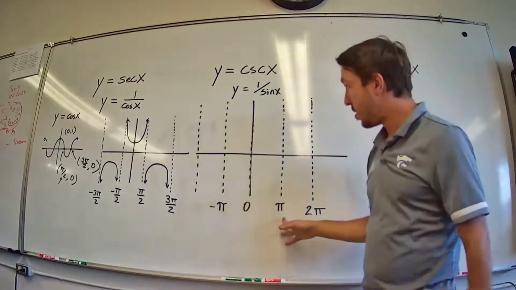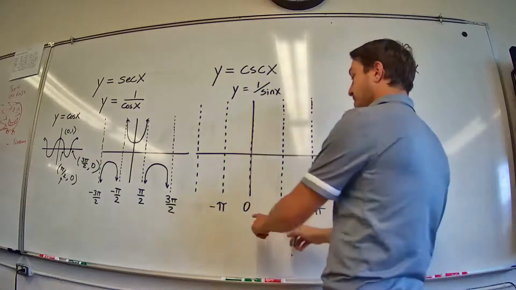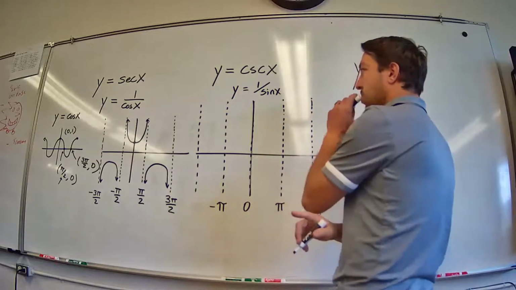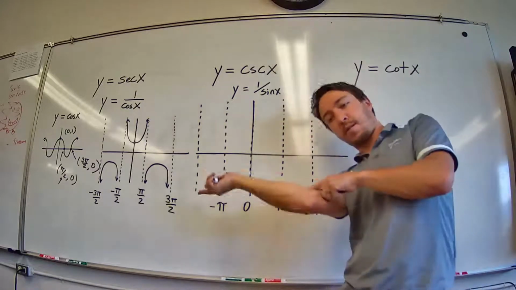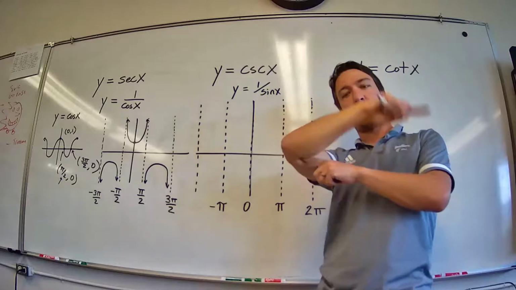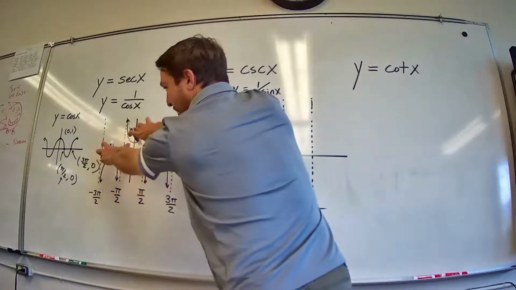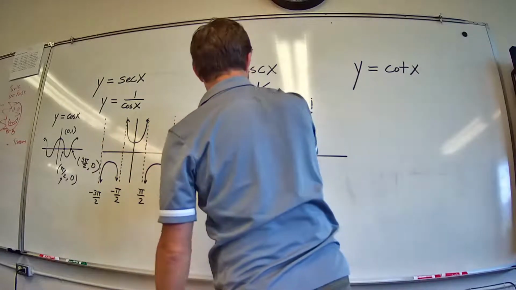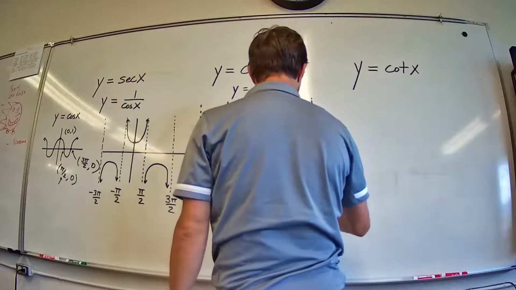Between 0 and pi, is this going to be positive or negative? Between 0 and pi, all of my sine values are positive. Just think of grabbing this whole thing and pulling it to the right pi over 2 units. You end up with the exact same pattern.